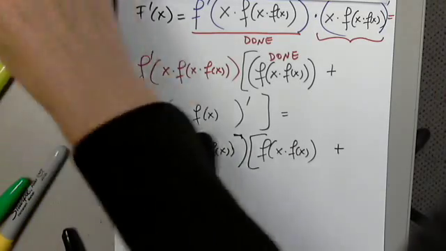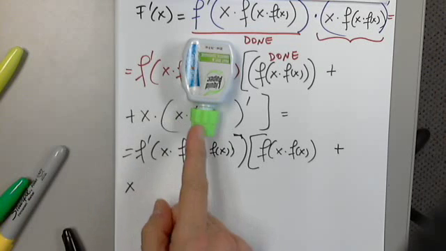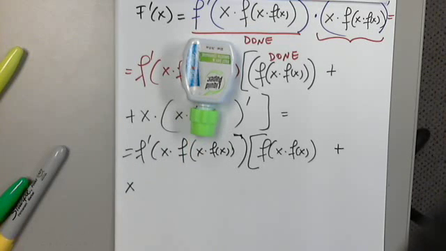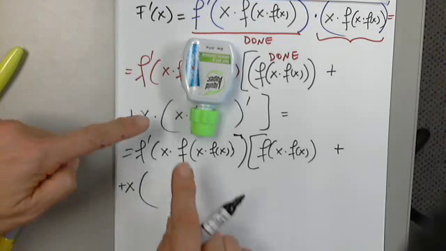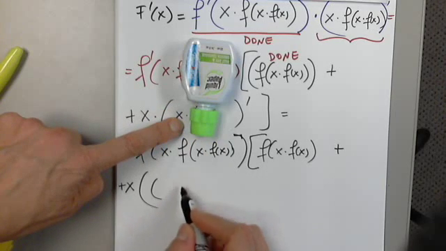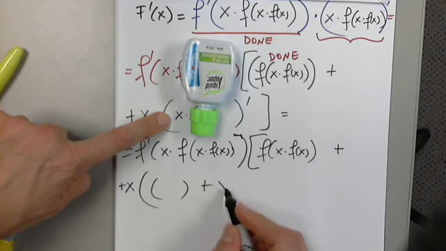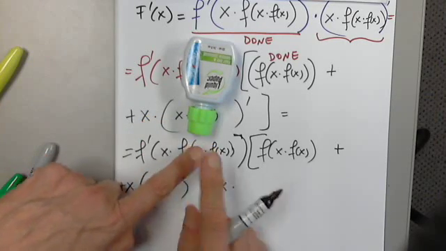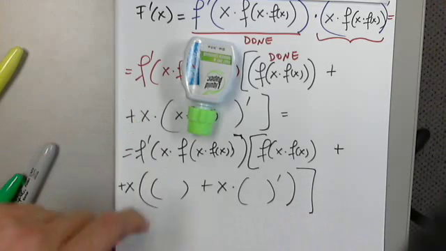And now I say again, oh, I know what this is. It's again a product of two functions. This function and this function. So then, the first function prime times the second one, plus the first function times the second prime. Close this parenthesis and close the bracket.